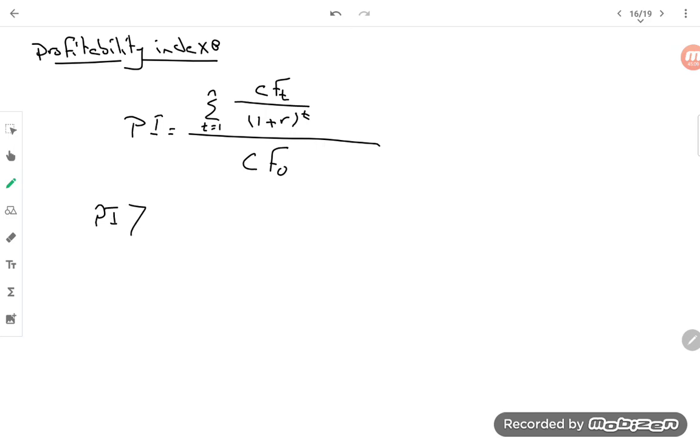If profitability index is greater than 1, then accept the project. If it is less than 1, reject the project.